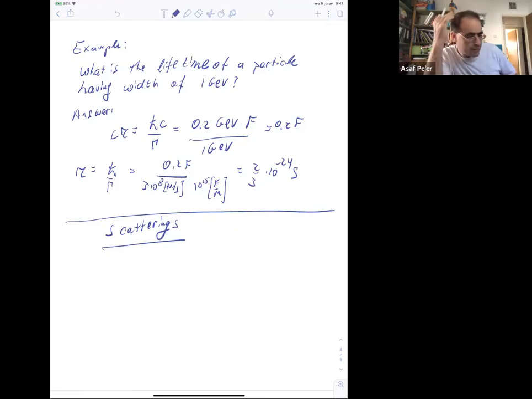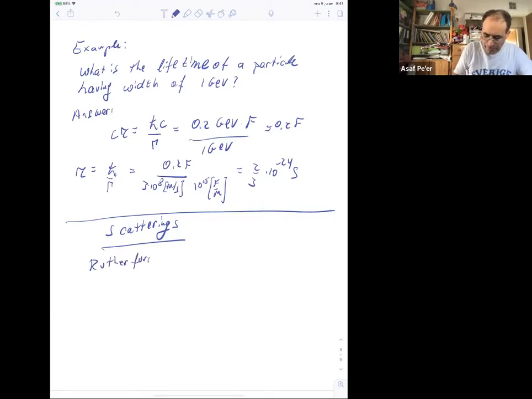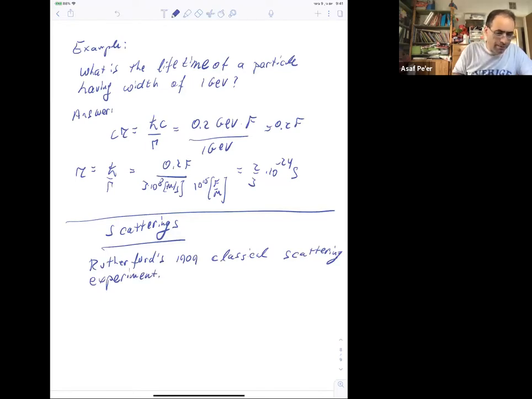So today we treat Rutherford's 1909 experiment as a classical scattering experiment. As I stated several times, this is one of the main ways in which particle physics is studied.